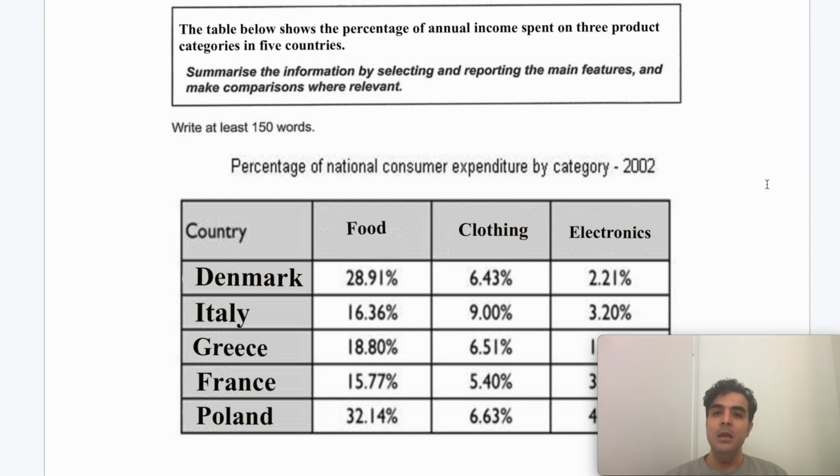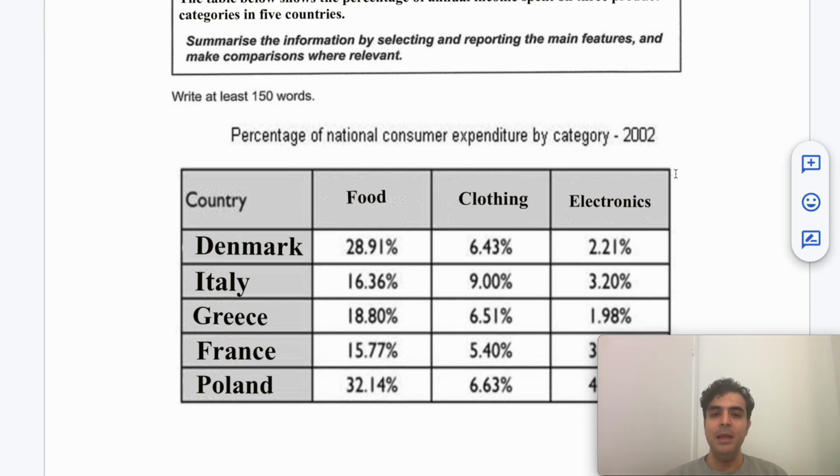As you can see, in a table, we typically have a series of rows and a number of columns. In this case, we have 5 rows, each corresponding to a different country, and we have 3 columns, each corresponding to a different category of product, right?